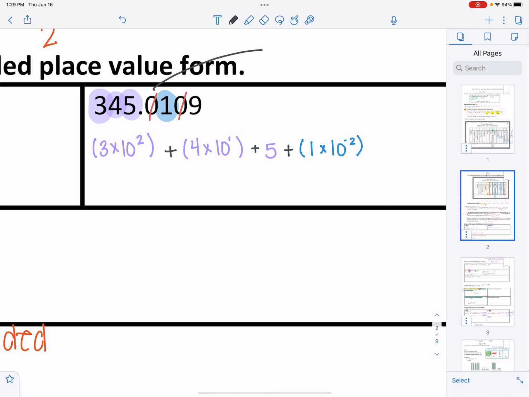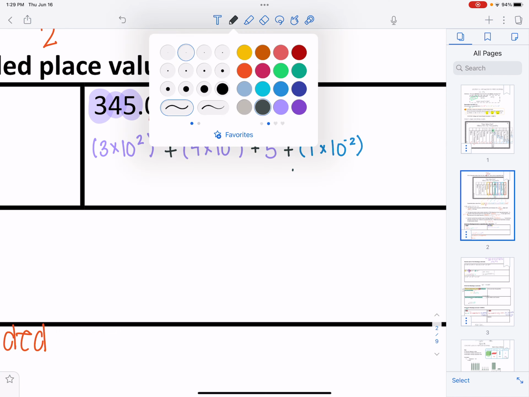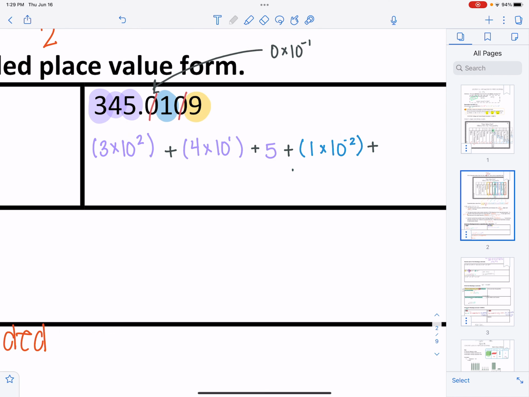So essentially that was 0 times 10 to the negative 1, but I don't need to write that. And then the last one, the 9, is going to be plus 9 times 10 to the negative 4. And that is going to be your expanded place value notation.